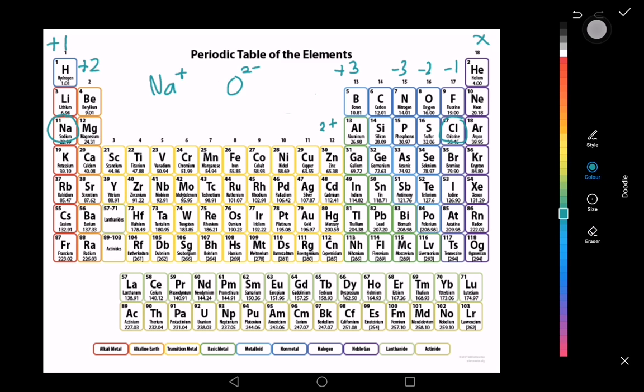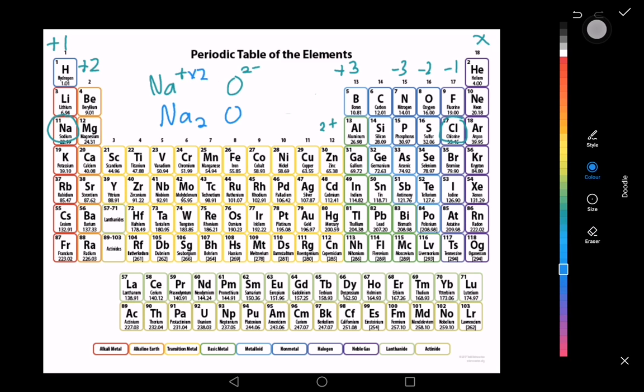In order for a compound to be produced, the charge needs to be neutral. The positive is 1 and the negative is 2, so we multiply sodium by 2. When you multiply Na by 2, the charge will be 2 plus.